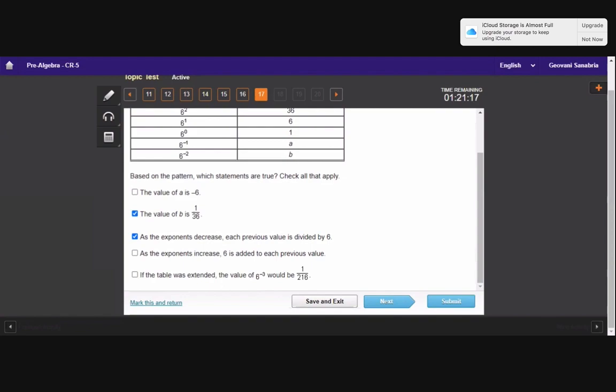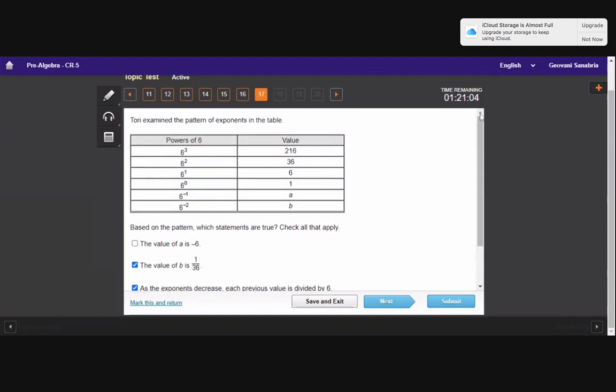Well, let's see if that's true. Scroll up a little bit. So on the left side we have a 3, and then a 2, and then a 1, and then a 0, and then a -1, then a -2. That is decreasing. Okay, so as the exponents decrease, each previous value is divided by 6.